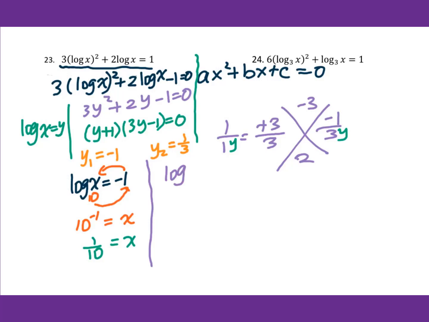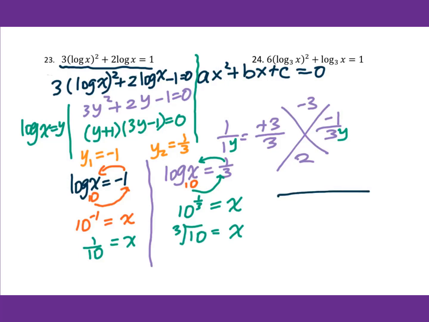Still, we need to plug back: common log of x equals 1 over 3. Remember, base is 10, so we change into exponential form. That will be 10 to the 1 over 3rd power equals x. So x equals cubic root of 10.